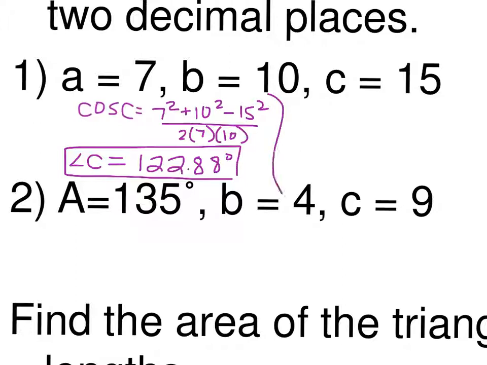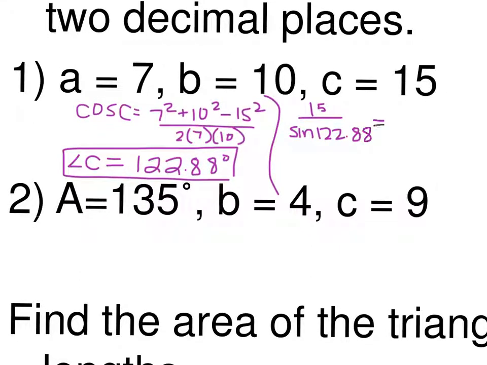So let's say I go to law of sines, so we can review that quickly. Let's say I'm going to find A next. So I have the complete ratio in the C, so 15 over the sine of 122.88 equals 7 over the sine of A, and then cross multiply and divide.